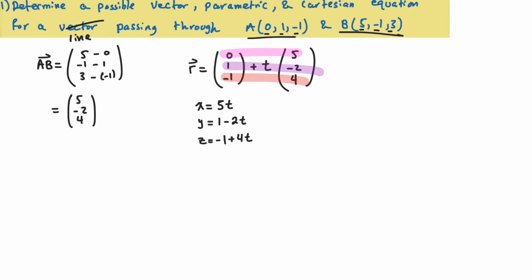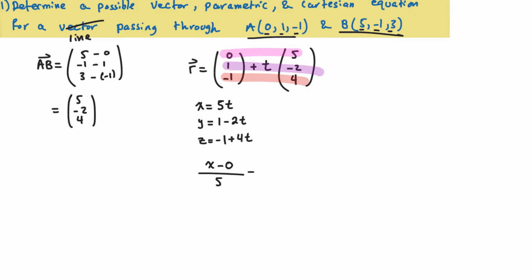For our Cartesian, the format is x minus one of the points over our direction vector there. So x minus 0 over the direction vector in the x direction, that's 5.